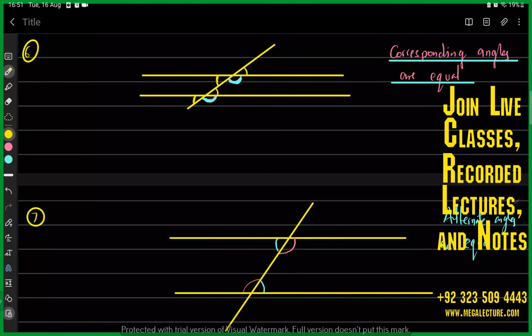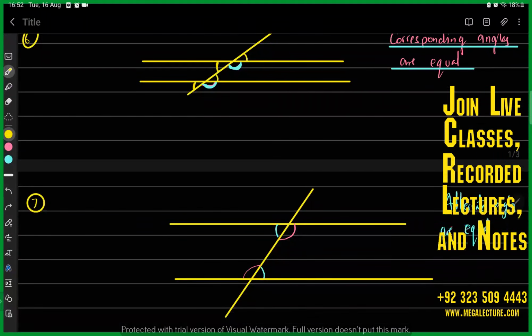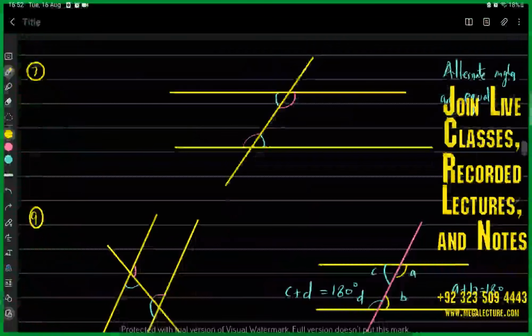Just look at the shape, try figuring out all the corresponding angles, and then you would be able to know which angle is equal to which one. If I consider this shape, this angle right here is corresponding to this angle. Similarly, this angle right here is corresponding to this angle. Just try following the meaning of the word and you would be able to understand it.